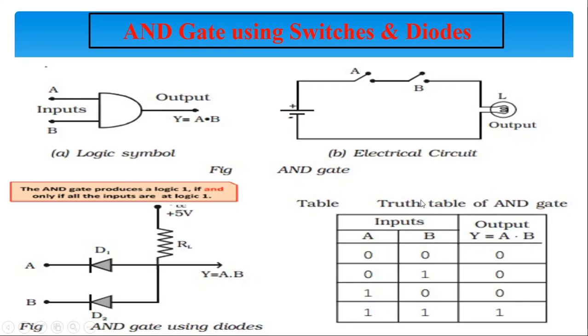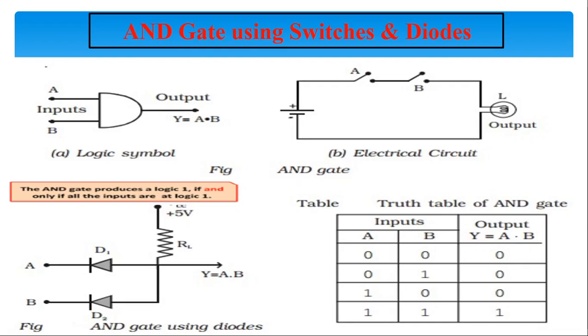That means A is equal to 1 and B is equal to 1, or when both the switches are closed, then the lamp will glow and the output is high. Then figure C shows the AND gate using diodes.